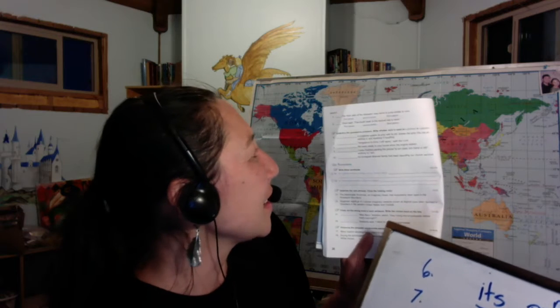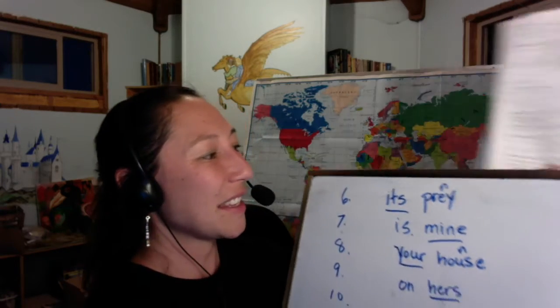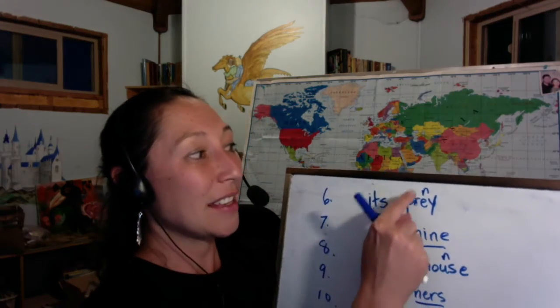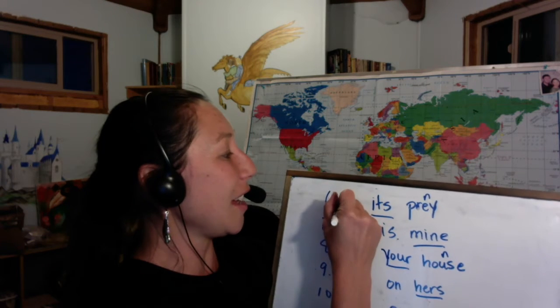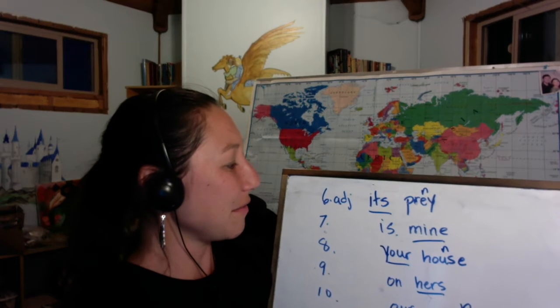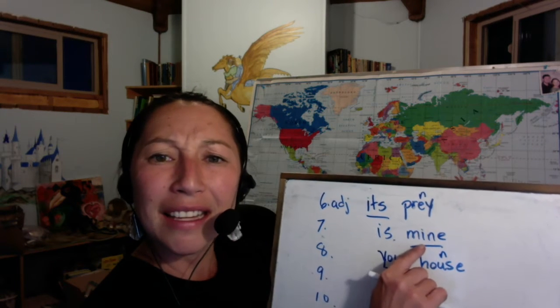Number 6, it says underline the possessive pronouns, write whether each word is used as a pronoun or adjective. You're looking for pronouns that answer the whose question. Whose is it? Number 6, it's pray. Since pray is a noun, its has got to be acting like an adjective because it modifies that noun. Number 7, mine is mine.